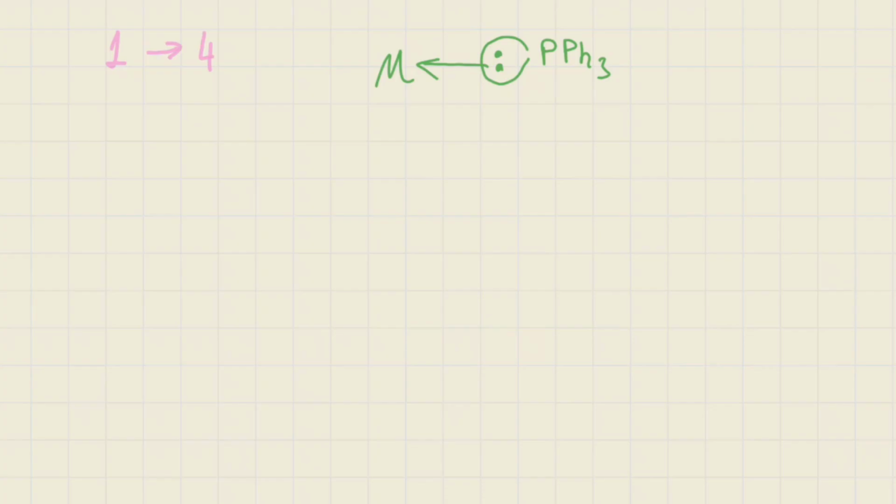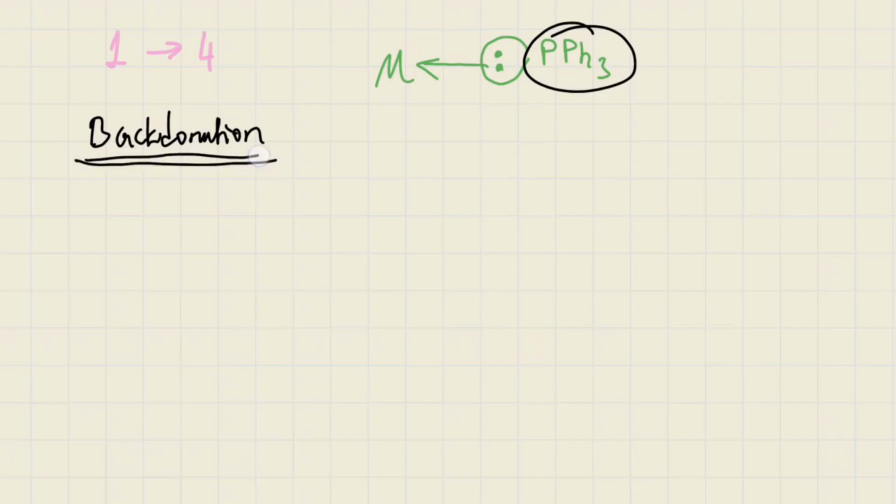And when it donates the electrons, there is something happening. That is the back donation to the CO molecule. Back donation to CO increases with each PPh3 substitution, since the electron density on the molybdenum increases due to these phosphine ligands. And pi back donation is happening.